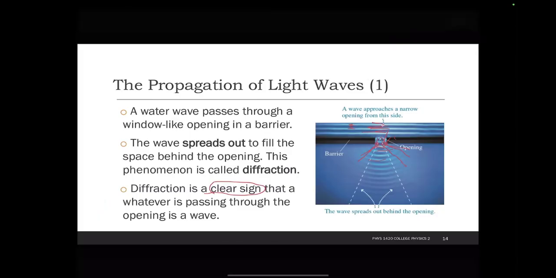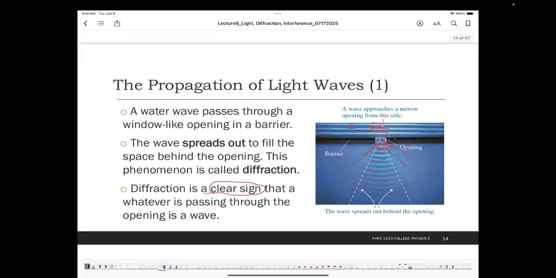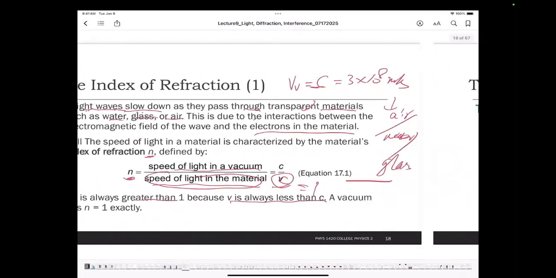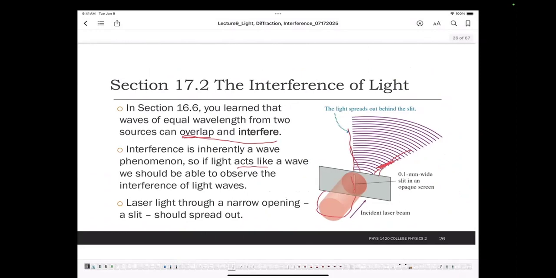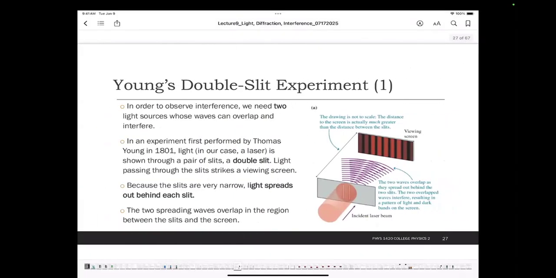If the opening is small, there will be diffraction. So if there is laser light through a narrow opening, a slit, then it will show diffraction. Yeah, this is what we have already learned, and there is a very famous experiment, Young's double slit experiment. Let's talk about this experiment and see what we can learn from it.